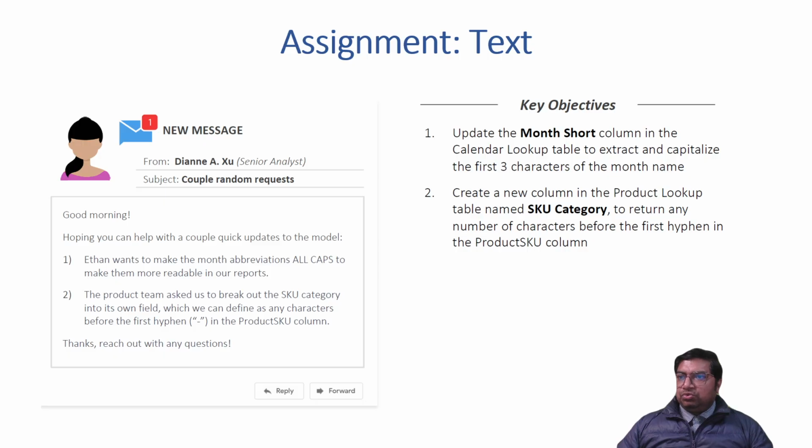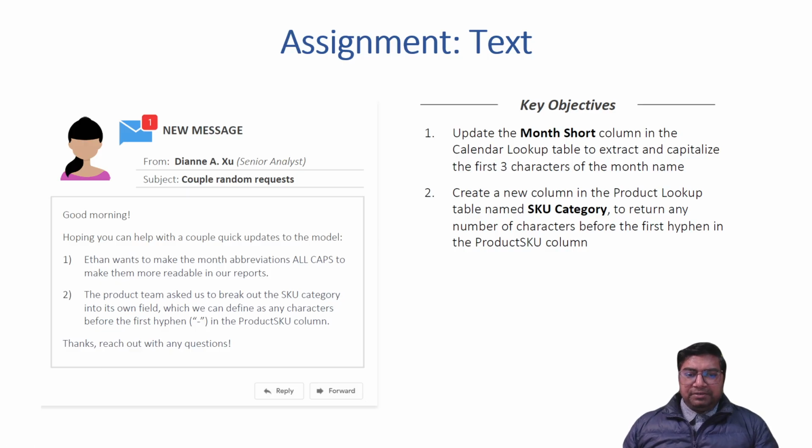So basically, someone asked you to create two columns. First, update the month short column in the calendar lookup table to extract the capitalization from the first three characters of the month name. And second, create a new column in the product lookup table named SKU category to return any number of the characters before the first hyphen in the product SKU column. So it's very simple. Let's do that in a practical way.